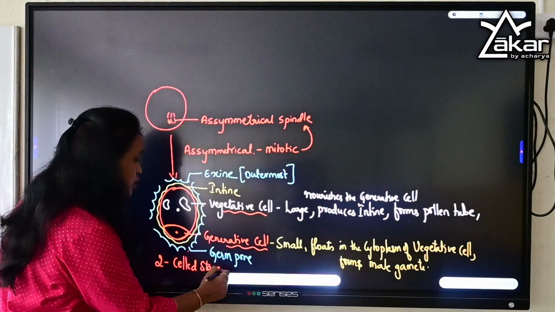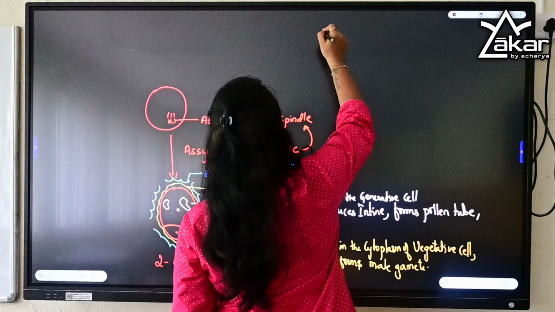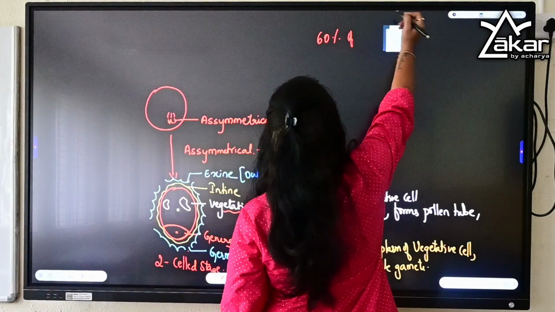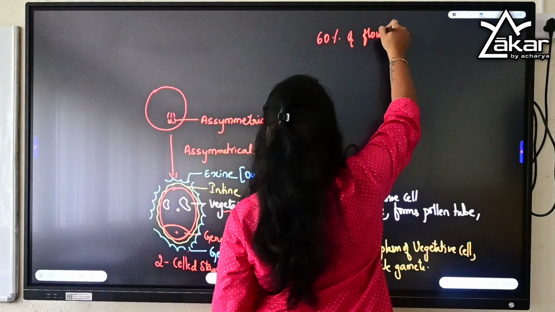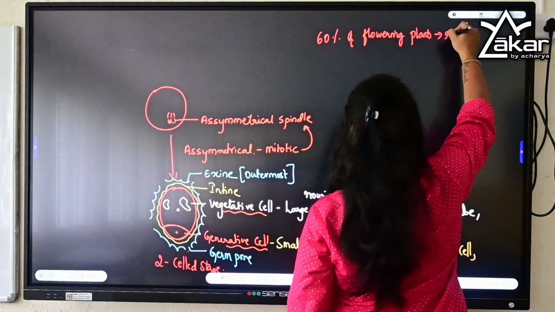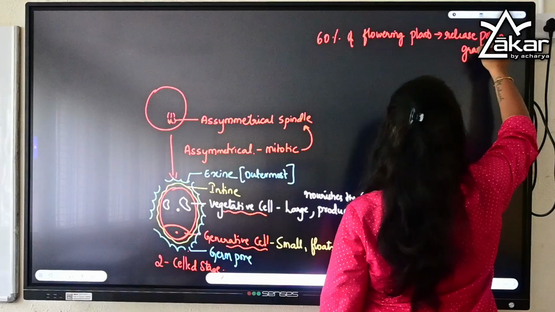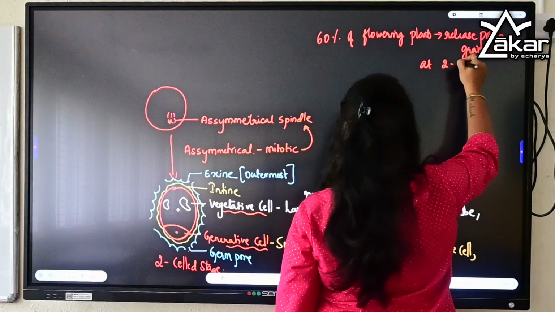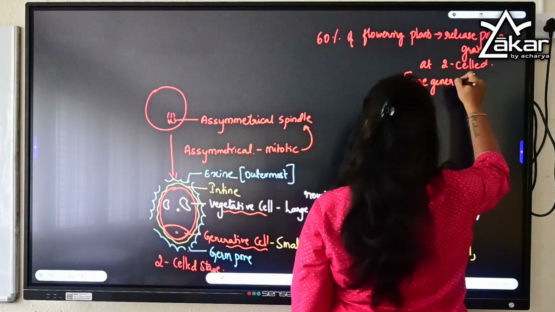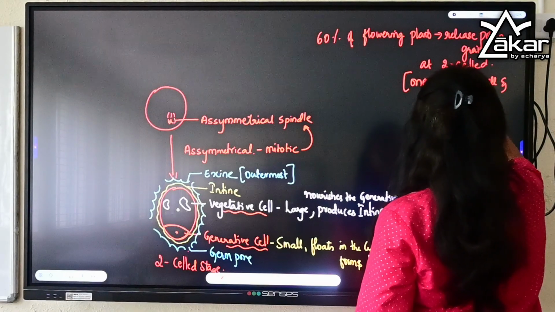Majority of pollen grains of flowering plants are released at the 2-celled stage. About 60% of flowering plants release pollen grains at the 2-celled stage, that is, one generative cell and one vegetative cell.